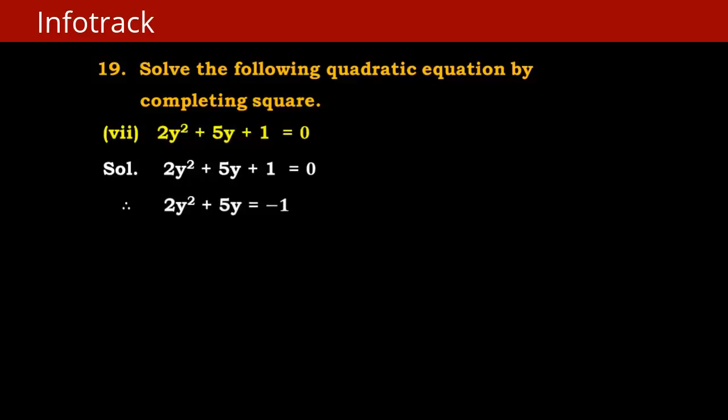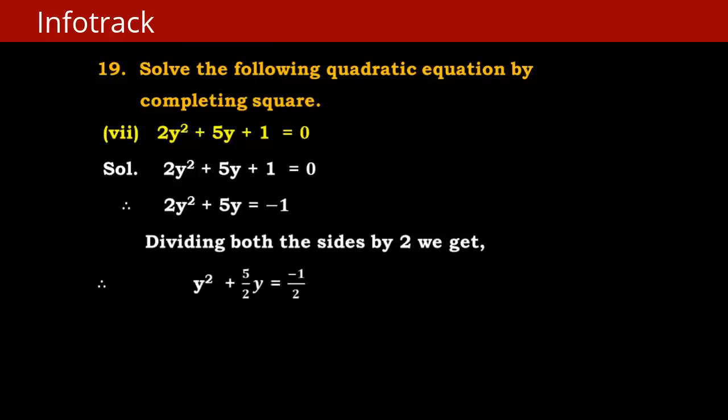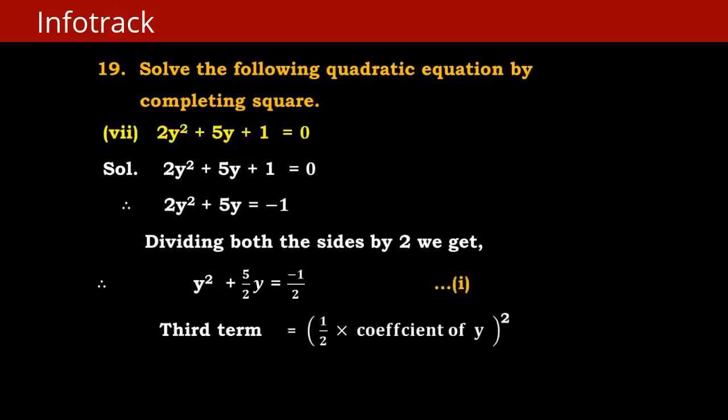Now to make the coefficient of y square 1, dividing throughout by 2, we get y square plus 5 upon 2y is equal to minus 1 upon 2. Equation number 1. Now we are going to calculate the third term, half into the coefficient of y the whole square.